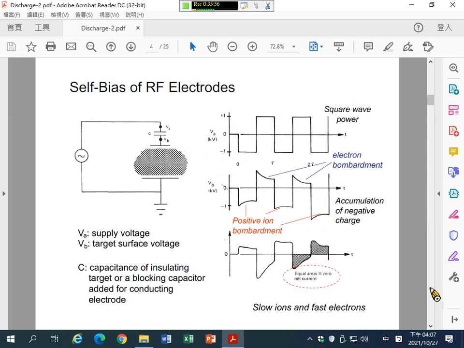So it will jump up this way. And when the top electrode is charged up, in this half cycle the top electrode is charged up positively. So in this half cycle, the surface of the electrode will be bombarded by electrons.